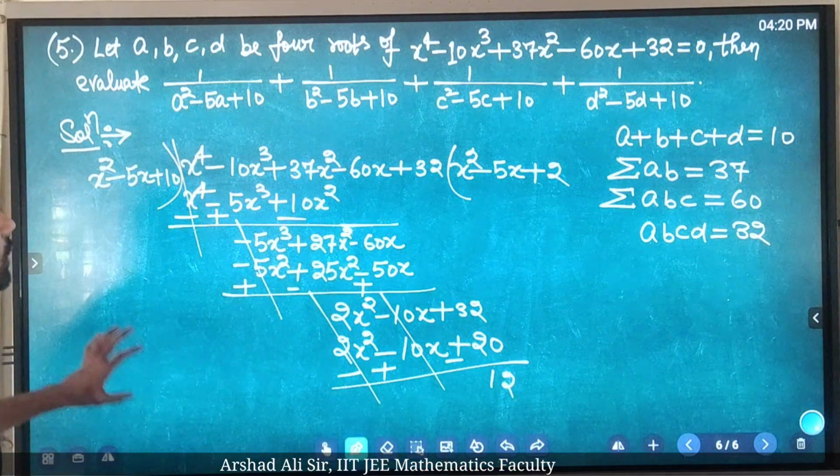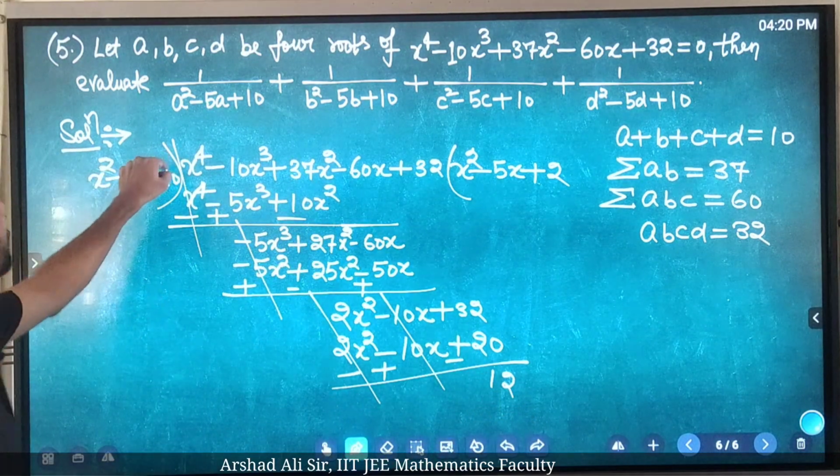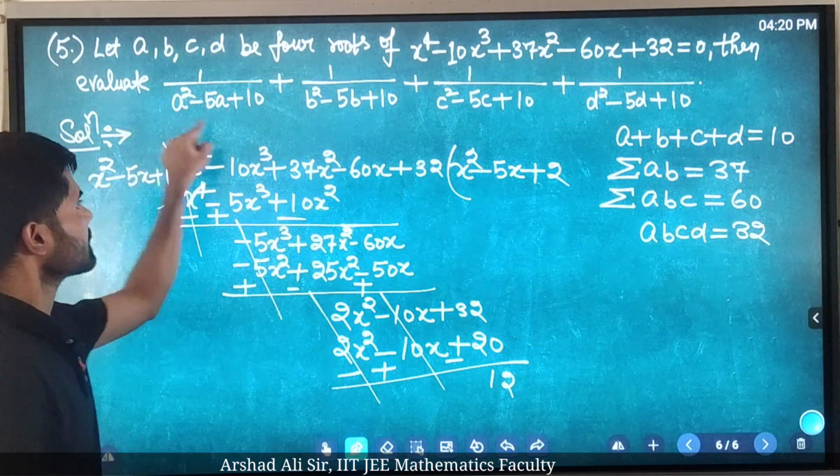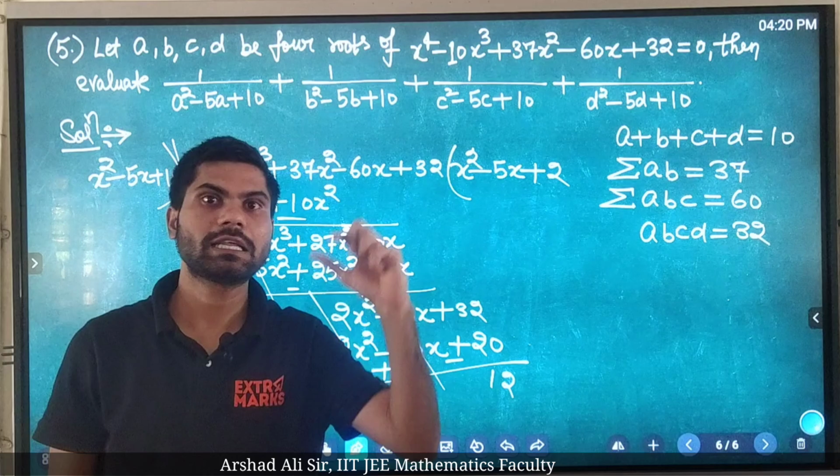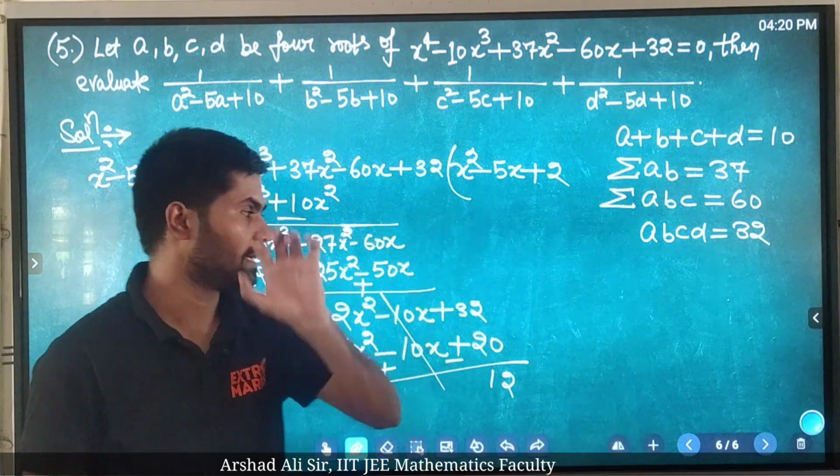Okay students, now this one is the dividend, and we know dividend is equal to divisor multiplied by quotient plus remainder.